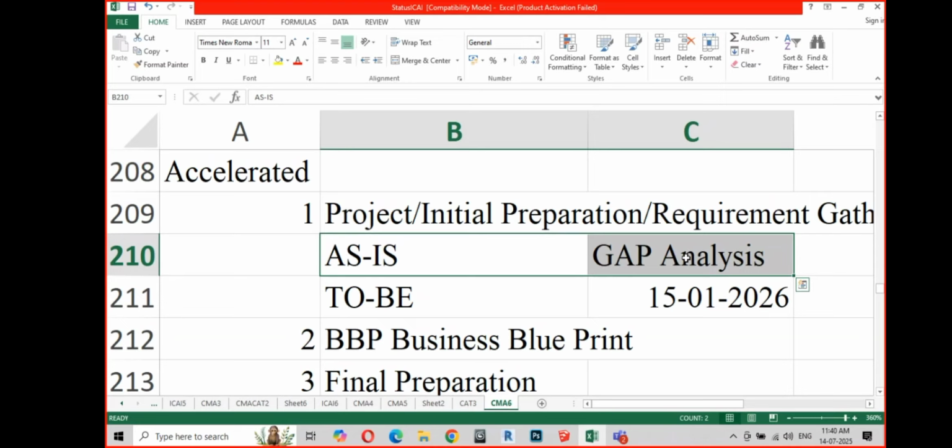This is also called the Bible of the project. This is called a business blueprint. Now, what exactly is this document? This business blueprint is one of the most confidential reports as far as the SAP implementation is considered.